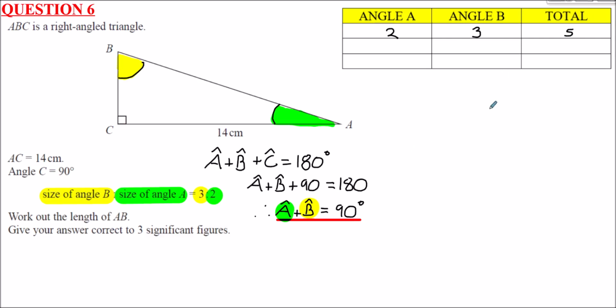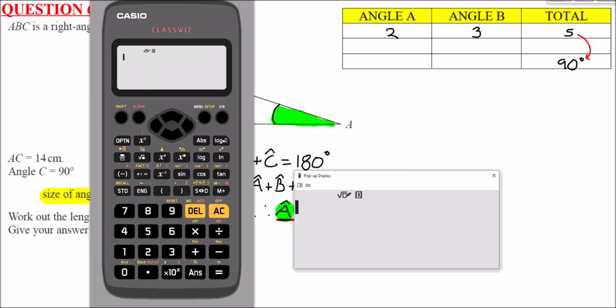But we need the total to relate to 90 degrees. So the question here is, how can we go from 5 parts to 90 degrees? What can we multiply by? So what we need to think about here is what number we can multiply by. With ratios, the relationships are either divisive or multiplicative. So what we can do here is work out what number that is by doing 90 divided by 5, that gives us 18.